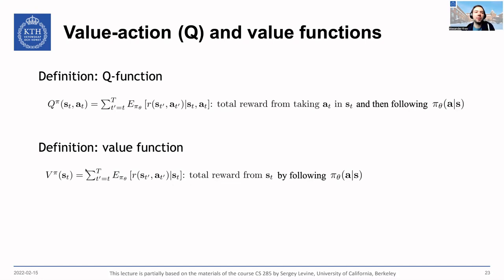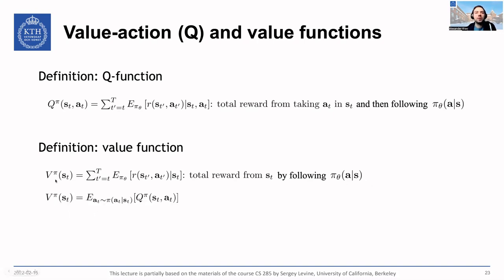And we sum this reward for a certain time horizon period. You can see they are almost the same. The difference is that for the Q function we take the action AT at time T, but in the value function we don't take a certain action AT, we just take whatever action our policy suggests. And then it's obviously some distribution of different actions.